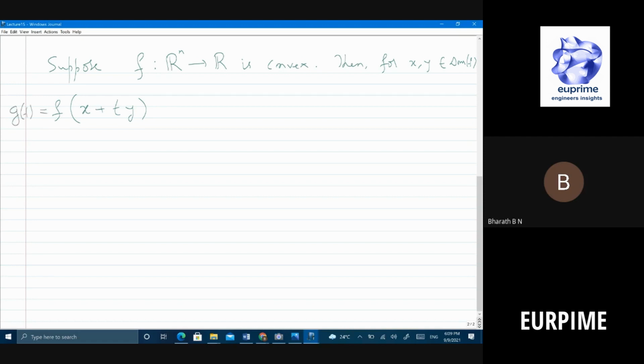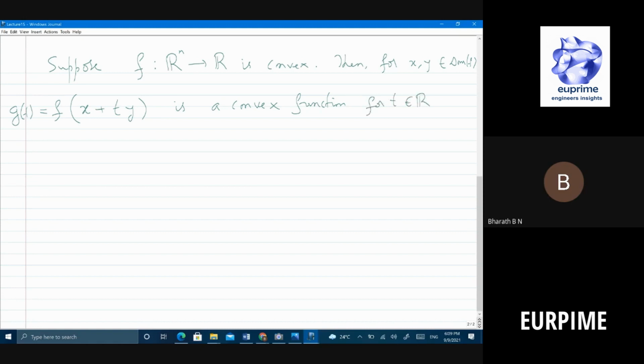So you fix x, y and consider x plus ty, where t is a scalar. It is a convex function for t belonging to R. Why is this useful? We will see immediately after this.